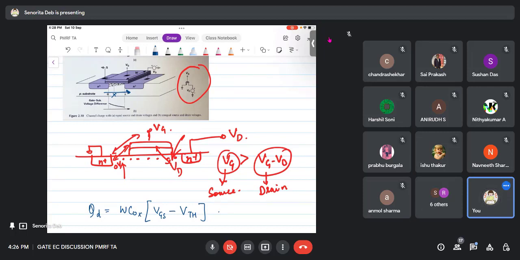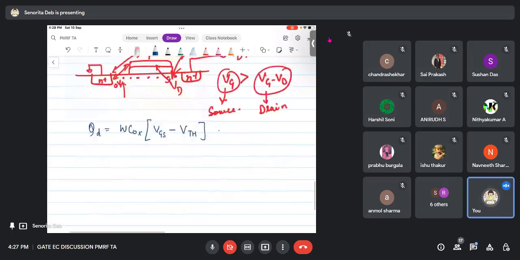It is Vgs minus Vth at this point here in the diagram I am marking, because the gate to substrate potential is 0. But as I move in the x direction, there is a voltage coming, which is a function of the length x.